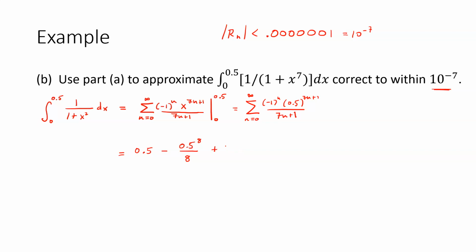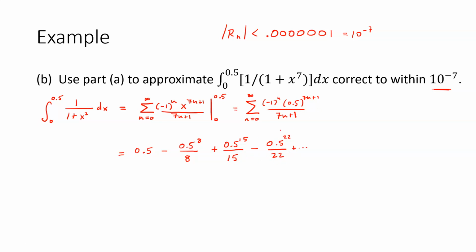And then the next term would be 0.5 to the power of 7 times 2 is 14 plus 1, so 15, over 15, and so on. The next term, let's write one more, would be 0.5 to the power of 21 plus 1 is 22, over 22.